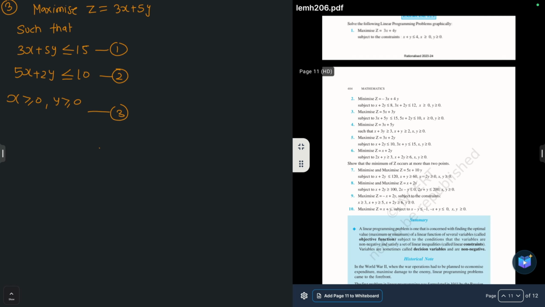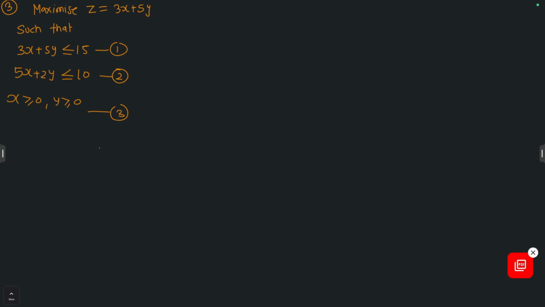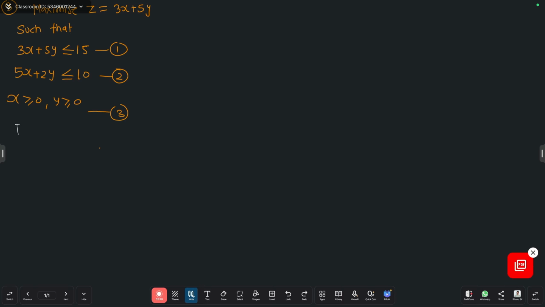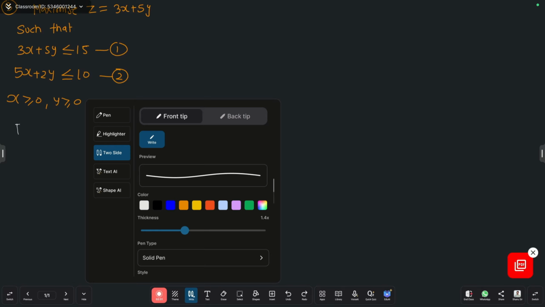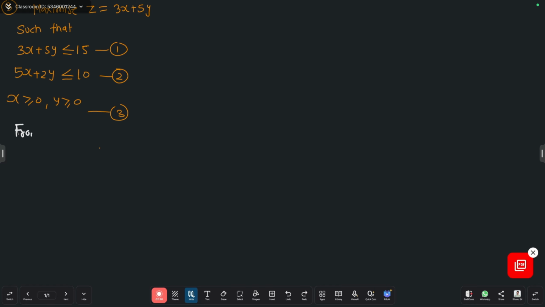From 3 we can say that our feasible region will be in the first quadrant. So firstly, from constraint number 3, the feasible region in the first quadrant is the first step.